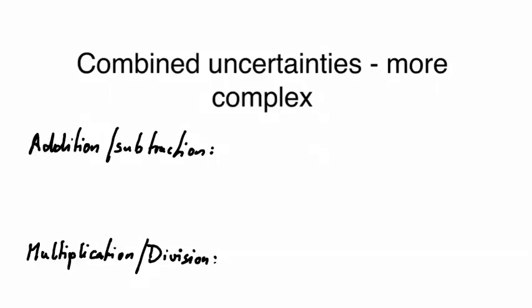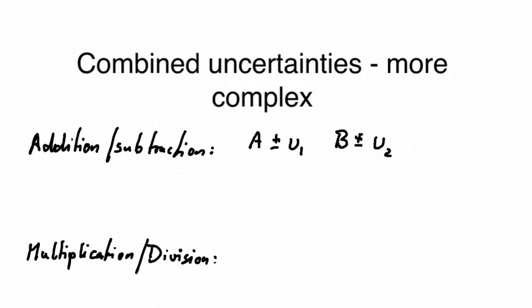So when we are dealing with combined uncertainties, we have learned that when we have an addition or subtraction of two measurements, so for example we might have A plus minus a standard uncertainty of U1 and B plus minus a standard uncertainty of U2.